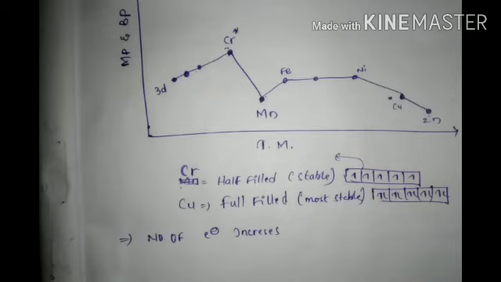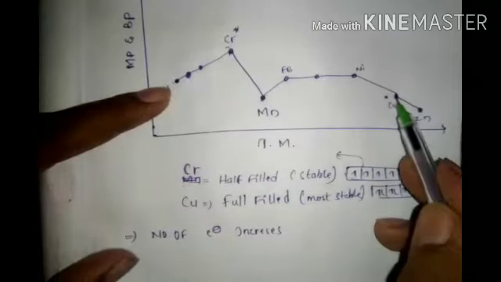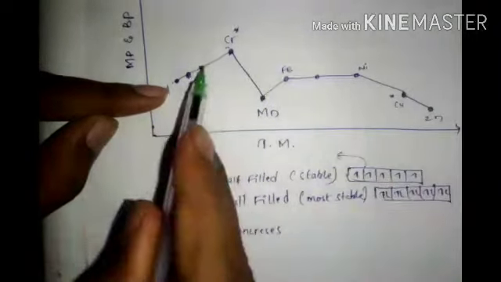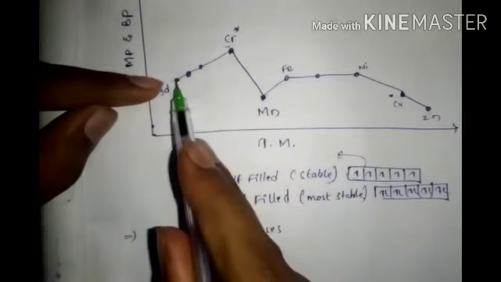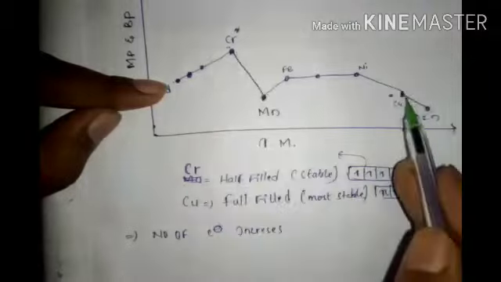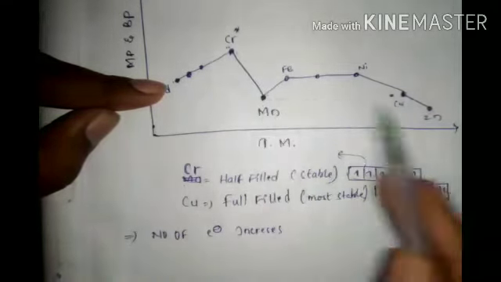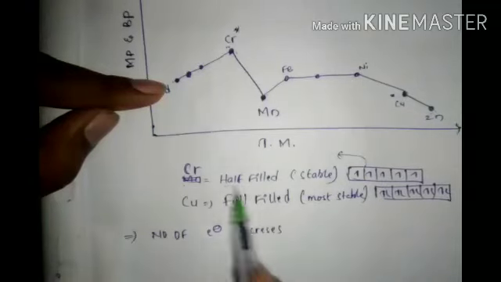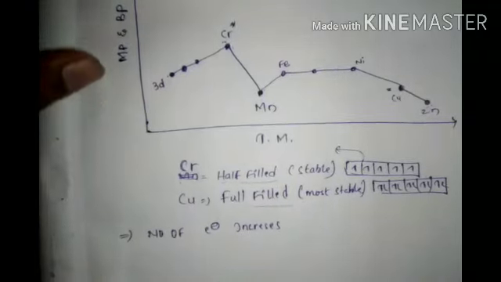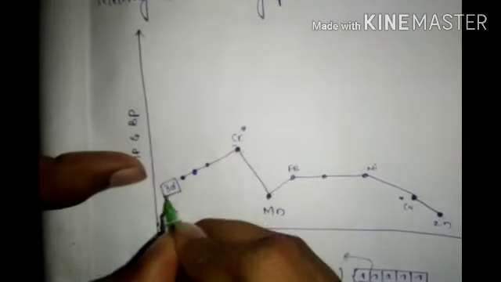For example, compared to this one, this is very low because the arrow is like this. From here to here it decreases, but chromium and copper are higher than the next one because of half filled and fully filled. Okay, this is the melting point of the 3D series.